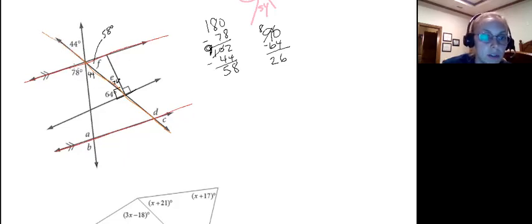This 78 is inside the red and on the left side of the orange. So inside the red and on the right side of the orange would be alternate interior. So D is also 78. And then I can just add up to 180. So if D is 78, C is 180 minus 78. We've already done that right here. So that's 102.